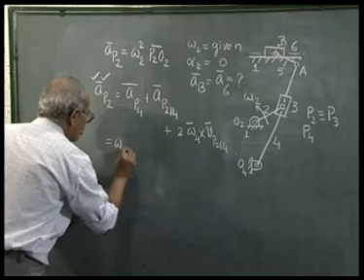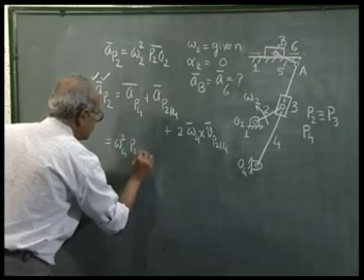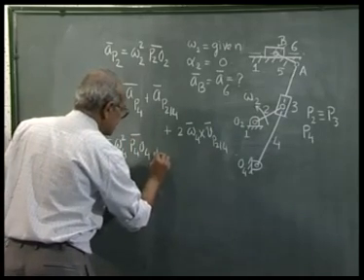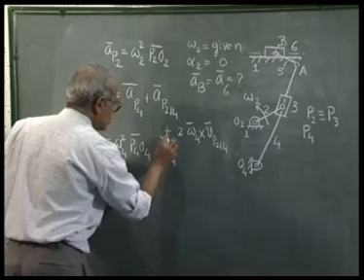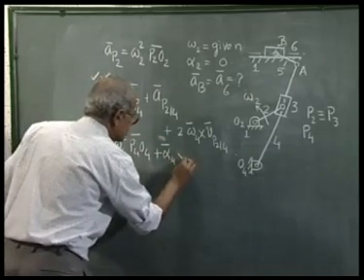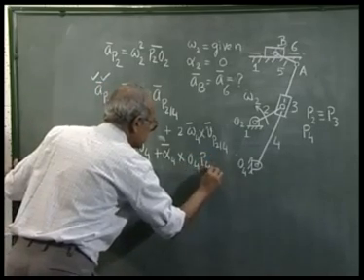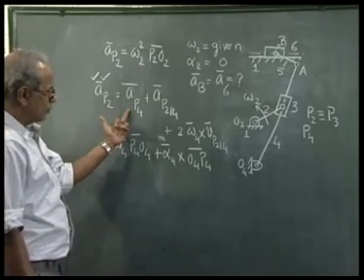One is omega 4 squared P4O4 plus alpha 4 cross O4 P4. These two vectors together decide AP4.